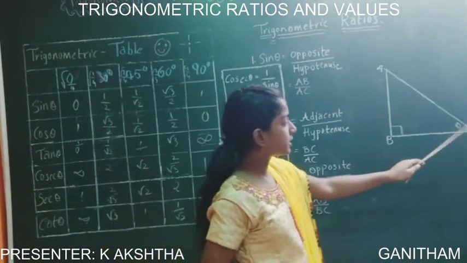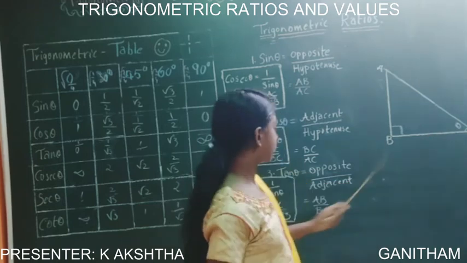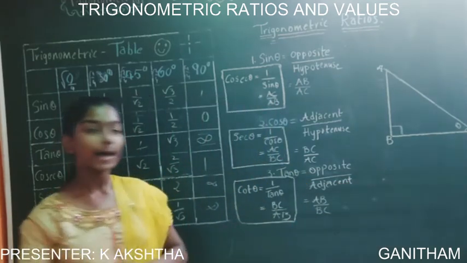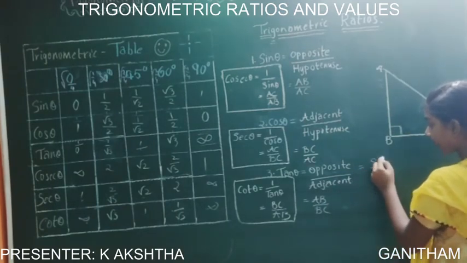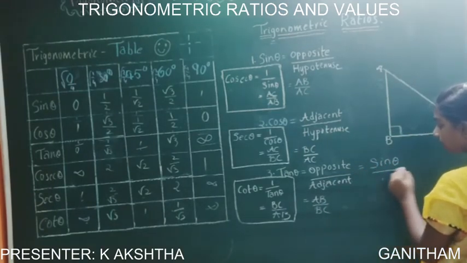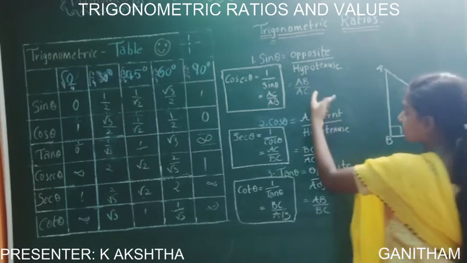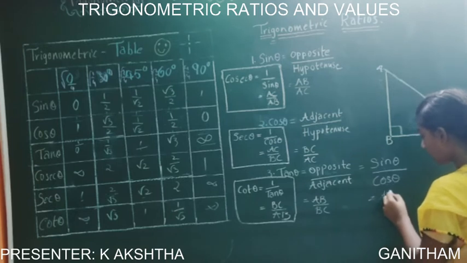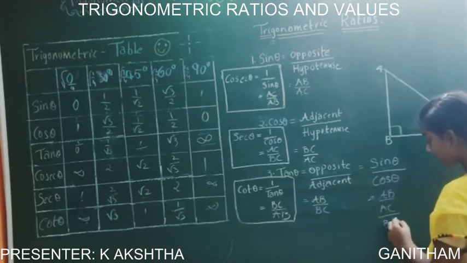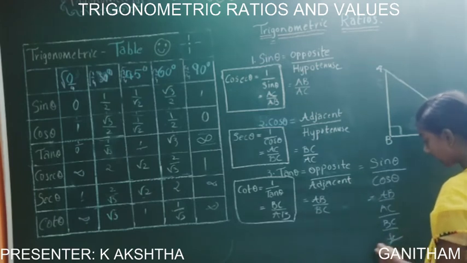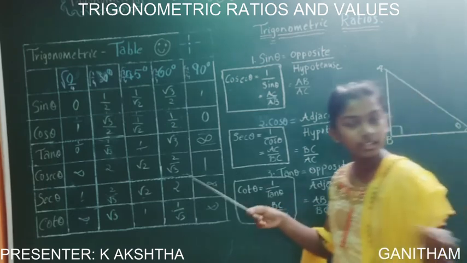The opposite side to theta is AB and the adjacent side to theta is BC. Otherwise, the value of tan theta is also sin theta by cos theta. See once: sin theta is AB by AC, upon BC by AC. AC gets cancelled, and we get AB by BC. That's it.